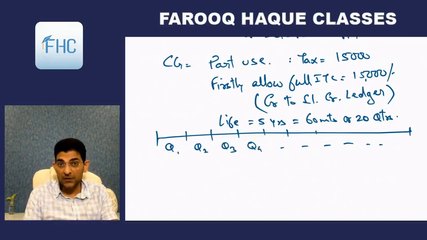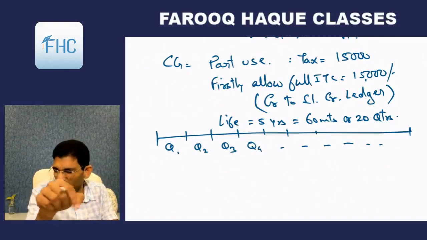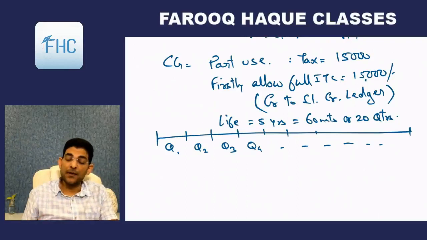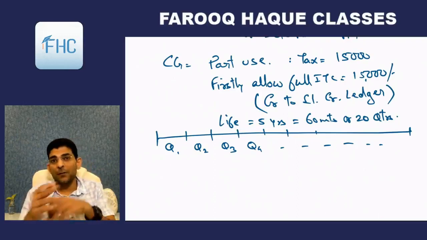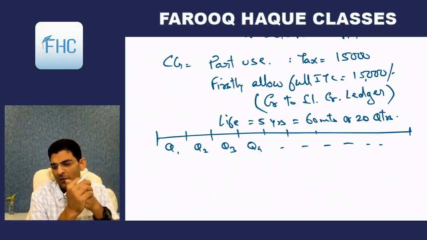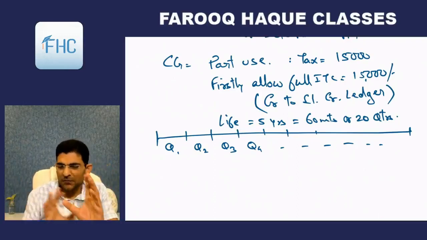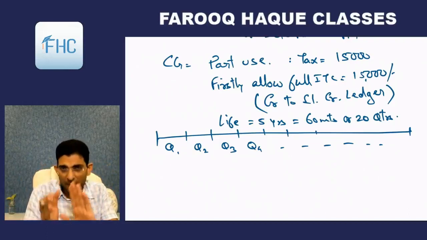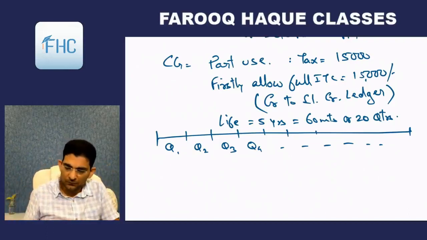Now we are going to study in this rule in time to come that every quarter you have to find out, or every month, 60 months or quarters. Sometimes we use the quarter word and sometimes we use month. Okay, so let it be.